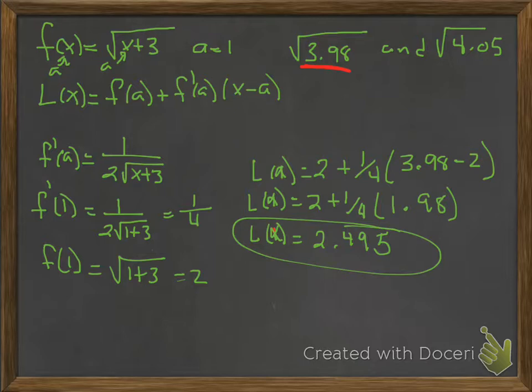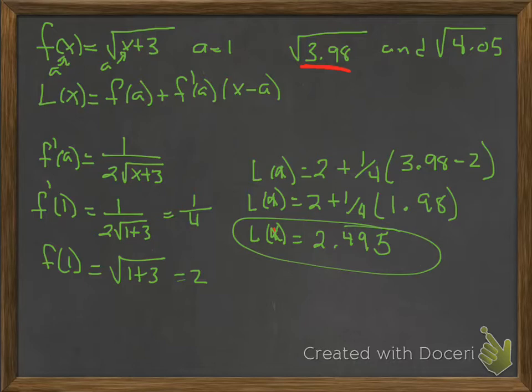And then I can find out if I over-approximated or under-approximated by looking at my second derivative. I know that this is a square root function, so it faces downward, so I know that I over-approximated.